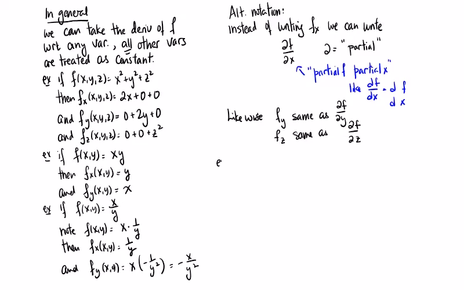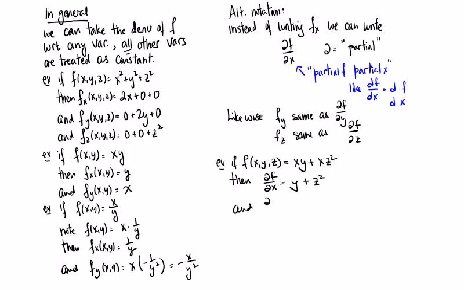Right? So just to give 2 examples here. If f of xyz is, say, xy plus xz squared, then for partial f partial x, x is the variable, so in the first term we get y, and in the second we get z squared.